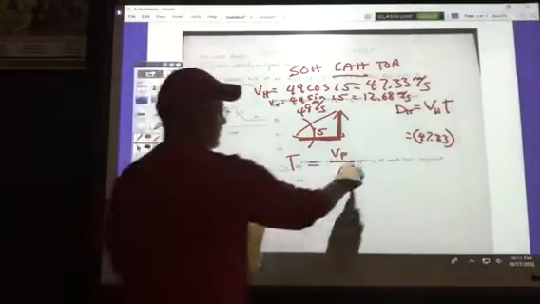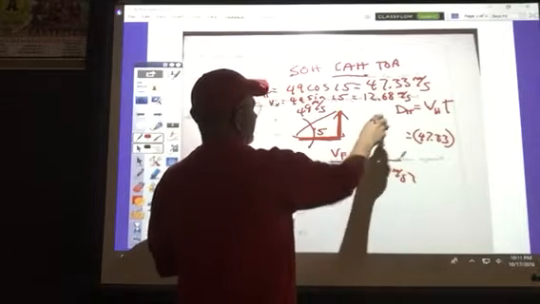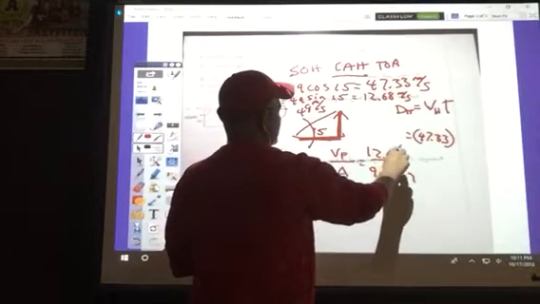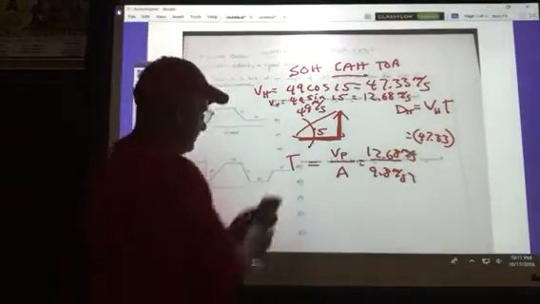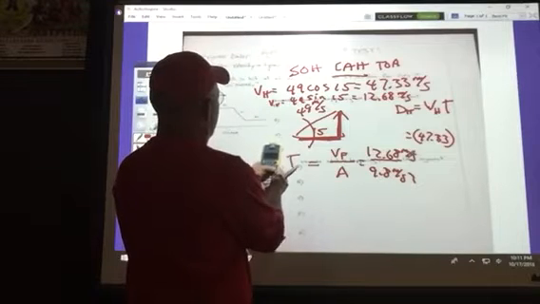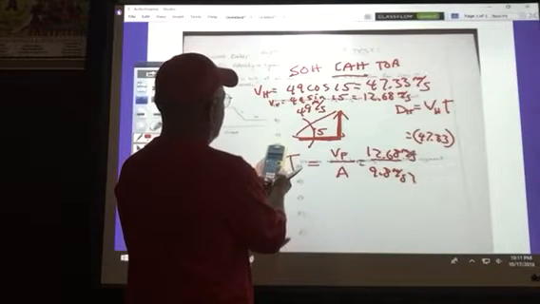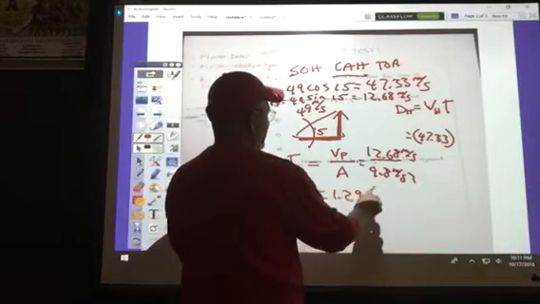My acceleration is 9.8 meters per second squared. My final velocity, my vertical velocity, was 12.68 meters per second. So 12.68 divided by 9.8 equals 1.29 seconds.